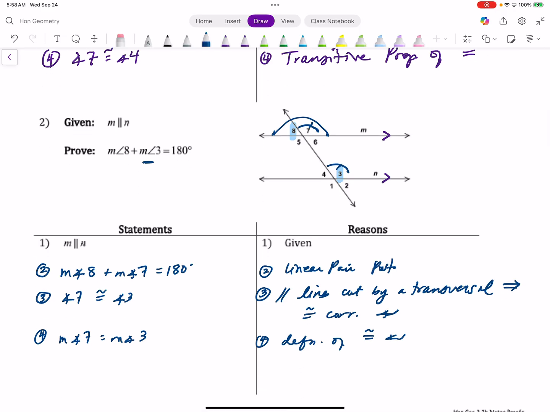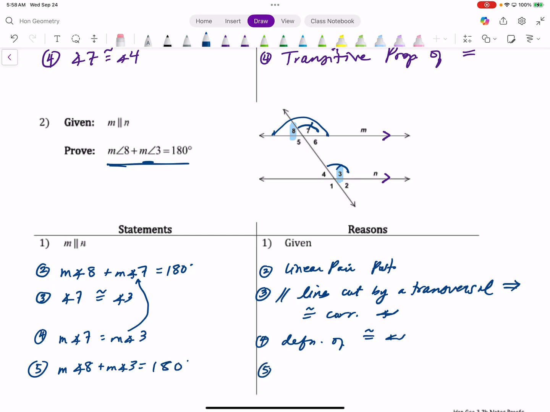And then if the measure of angle 7 equals the measure of angle 3, then I can plug that right there, and then it looks just like this. So we don't even have to change the order or anything. So the measure of angle 8 plus the measure of angle 3 is 180 degrees.